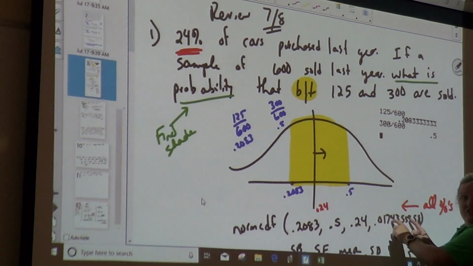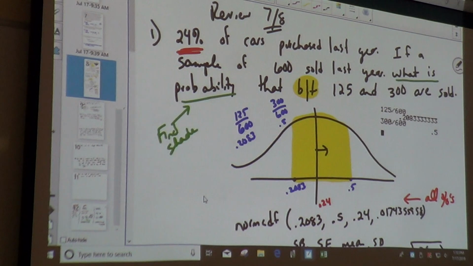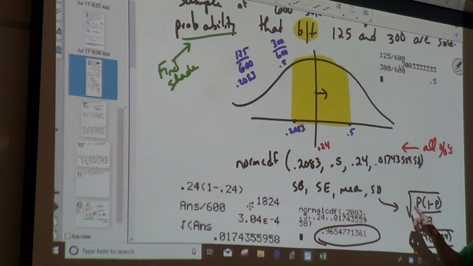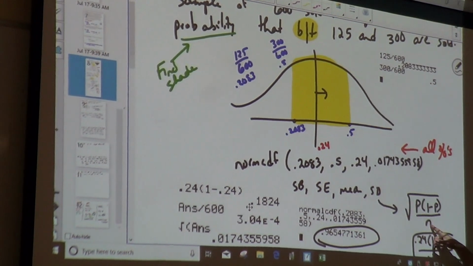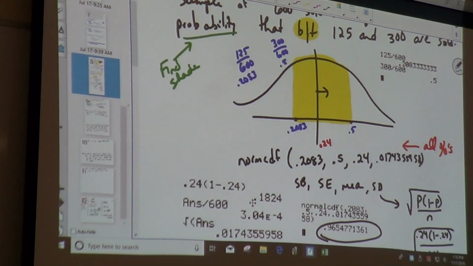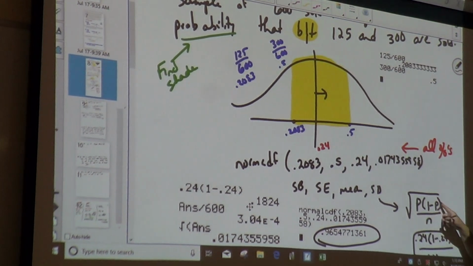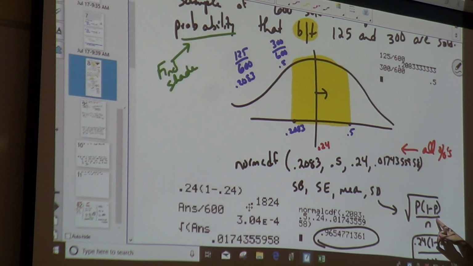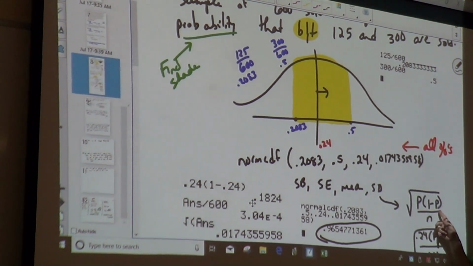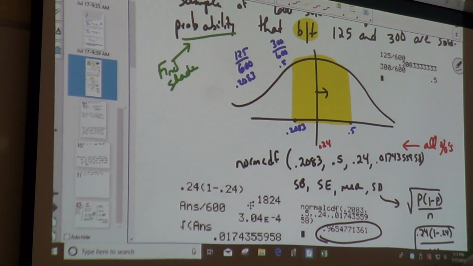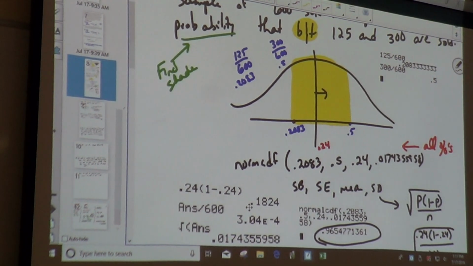And this is why our standard deviation was the square root of P times 1 minus P over N, because it was that last type of problem. Y'all with me? Because it's the P problem. This was that number 1 that we did.